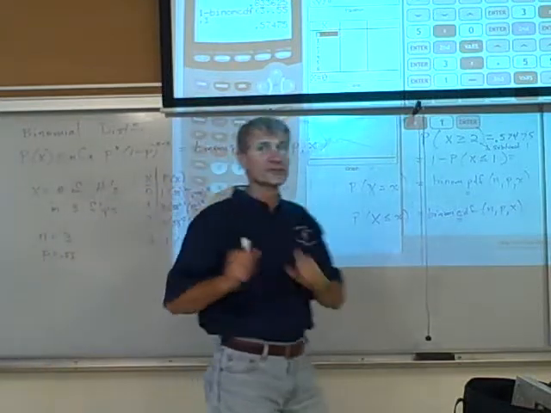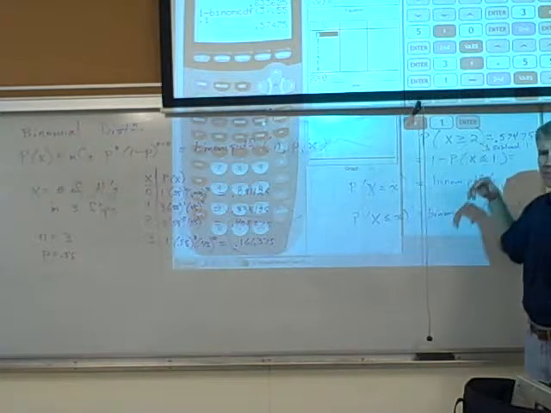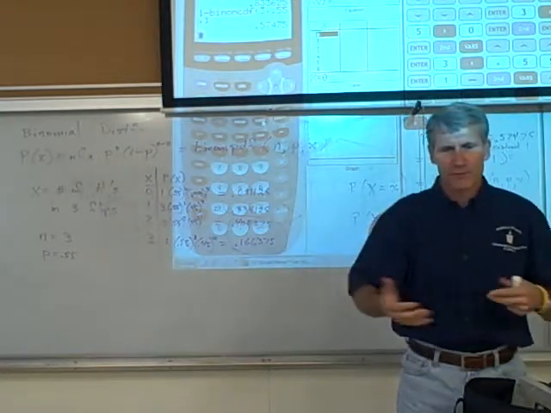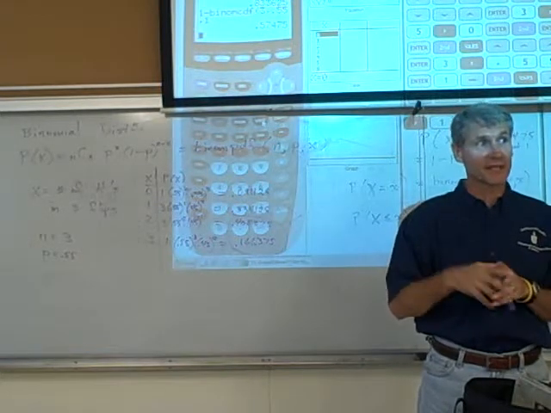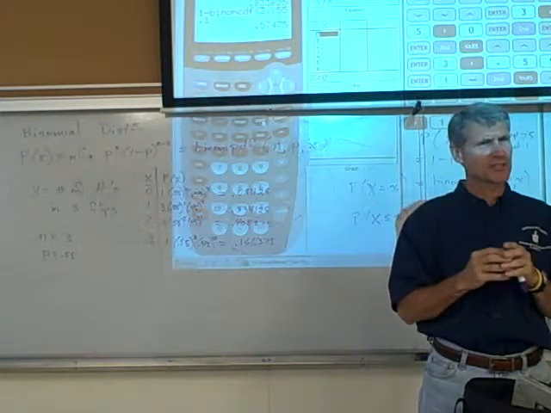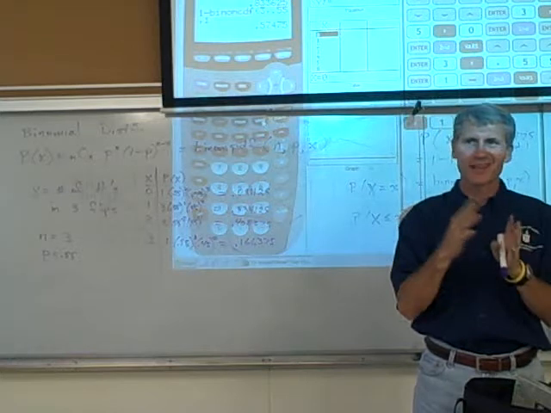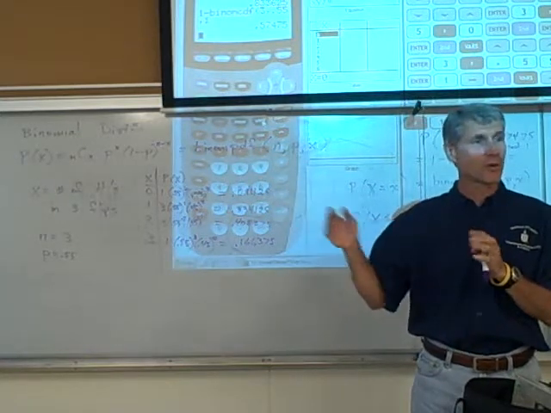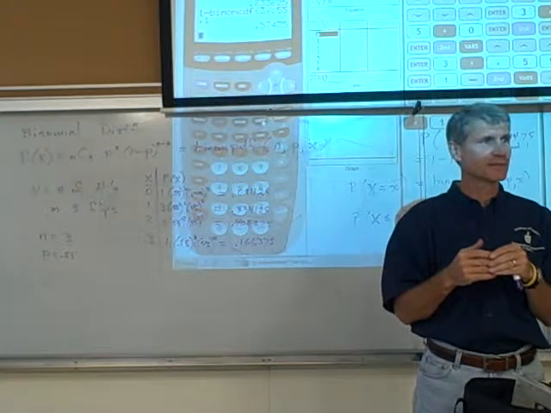Now where you'll see this a lot of times, they'll say things like, if you flip a coin 10 times, what's the probability you get at least 1 head? And that means you get 1, or you get 2, or you get 3, or a lot of things you have to add up there. Or you can just use the complementary event. What's the complement of at least 1?